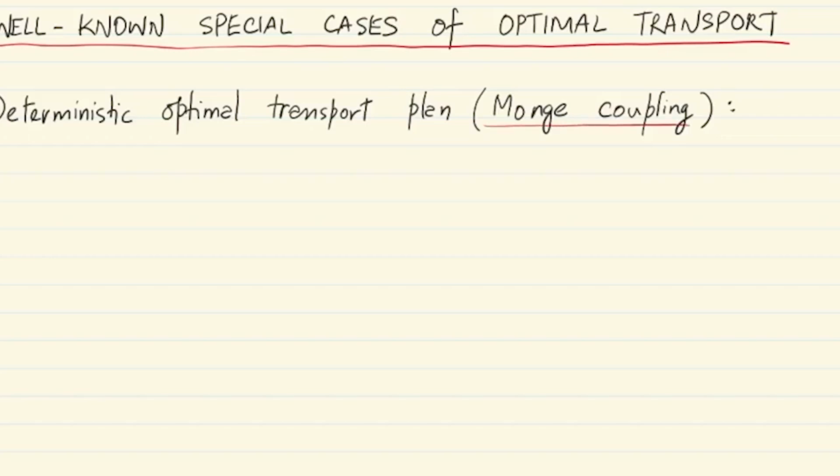So recall, a deterministic optimal transport plan is just a plan that sends material from every location I uniquely to a unique destination J.